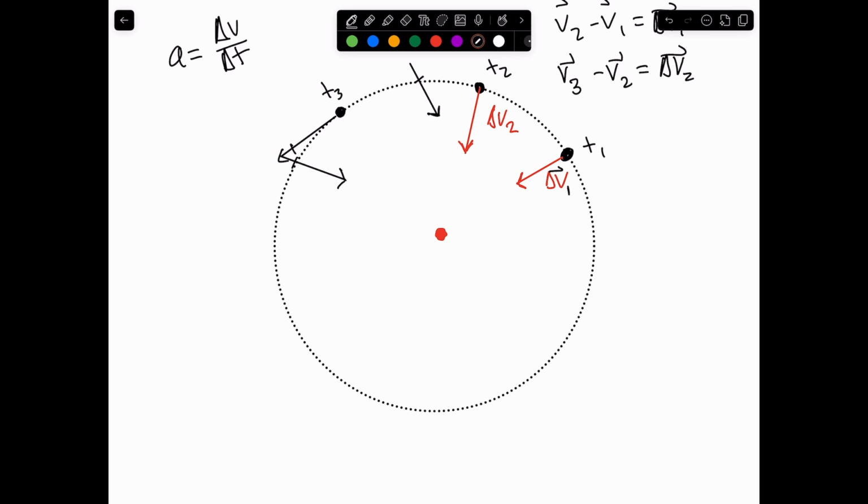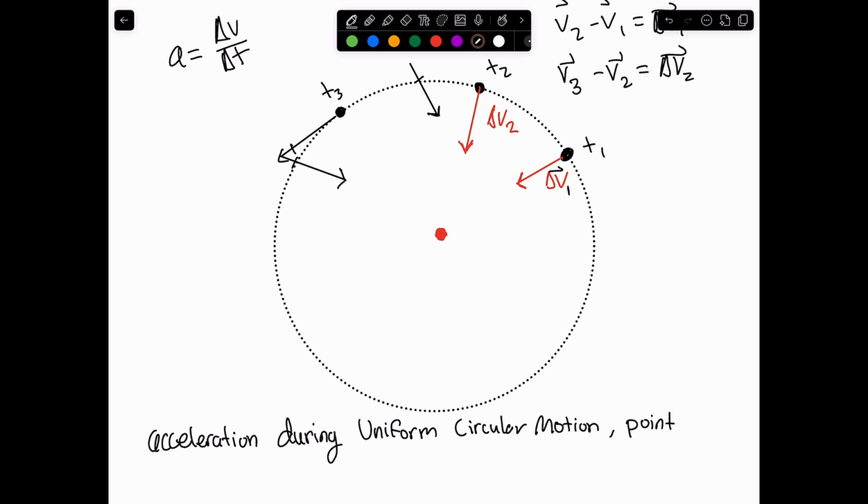Well, this shows us that acceleration during uniform circular motion points to the center of the circular path always.